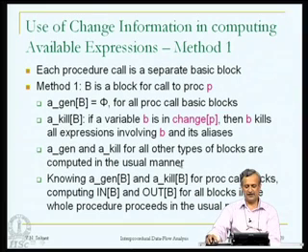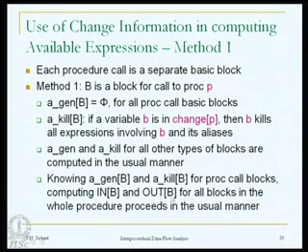So, A gen and A kill for other types of blocks are computed as usual as we studied in the available expression analysis. So, now we know A gen B and A kill B for procedure call blocks, and now for all other blocks as well. Computing in B and out B for all blocks in the whole procedure now proceeds in the usual manner.